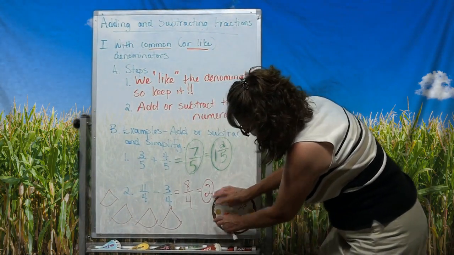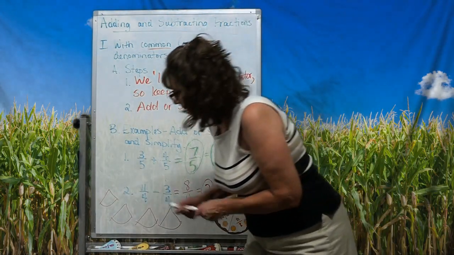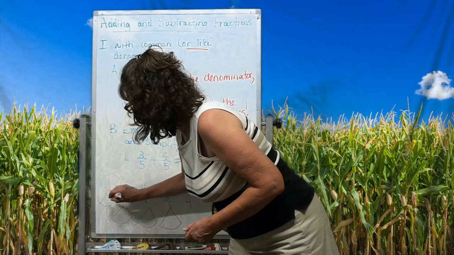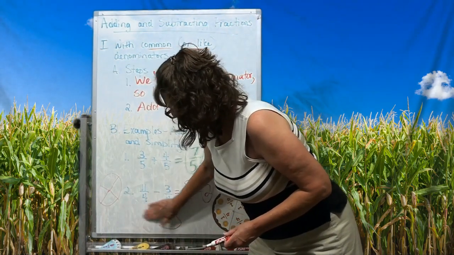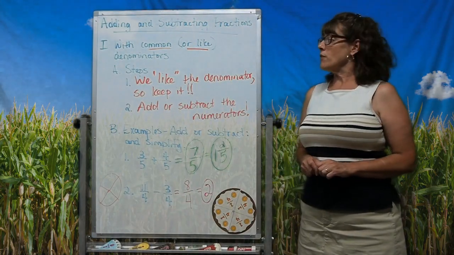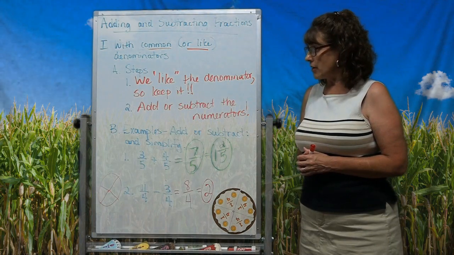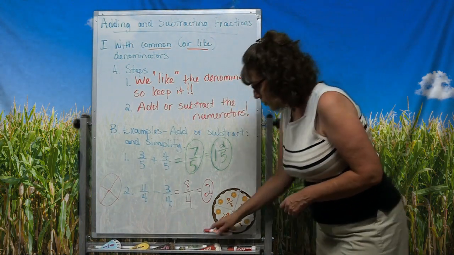And you can see that if I put all these together, I have 1 whole pie. I would put all these together just like this and do the very same idea and have 1 whole pie there as well. And so that sure enough would give me my 2 whole pies. So there are the steps whenever you have a common or a like denominator. You like the denominators the way they are, keep them, add or subtract those numerators.